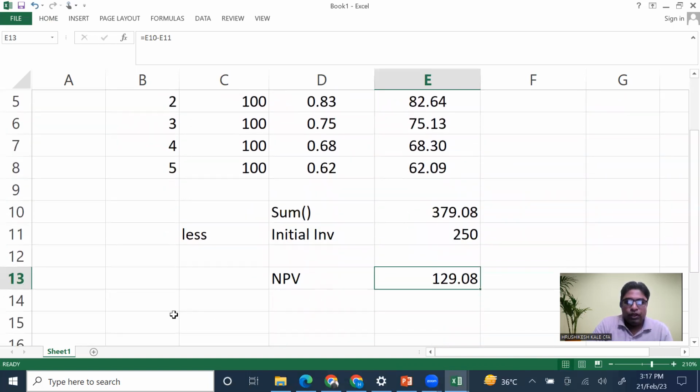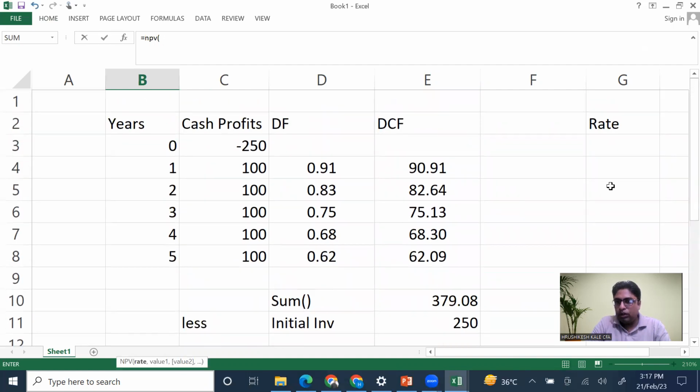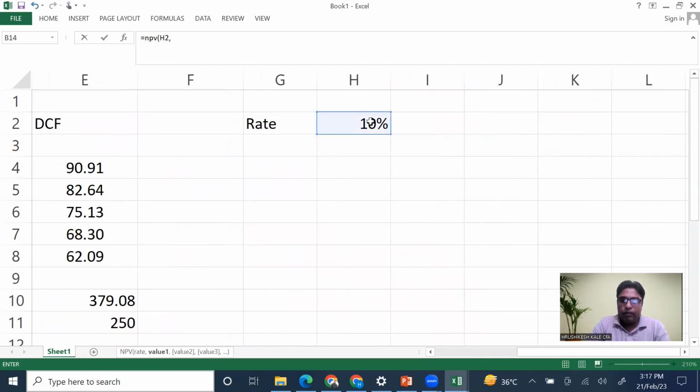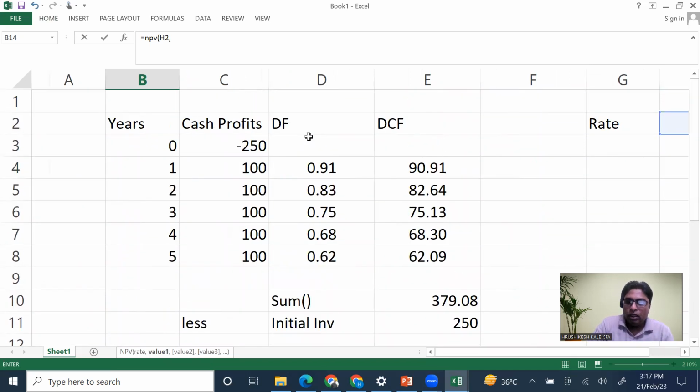I will show you. The formula is equal to NPV, then the rate. So how much is your rate? The rate is 10%, comma. Always remember, when you give values for NPV, do not give the year 0 value. Start from the first year, take all the values, close the bracket, and then add the year 0 value if it is negative.